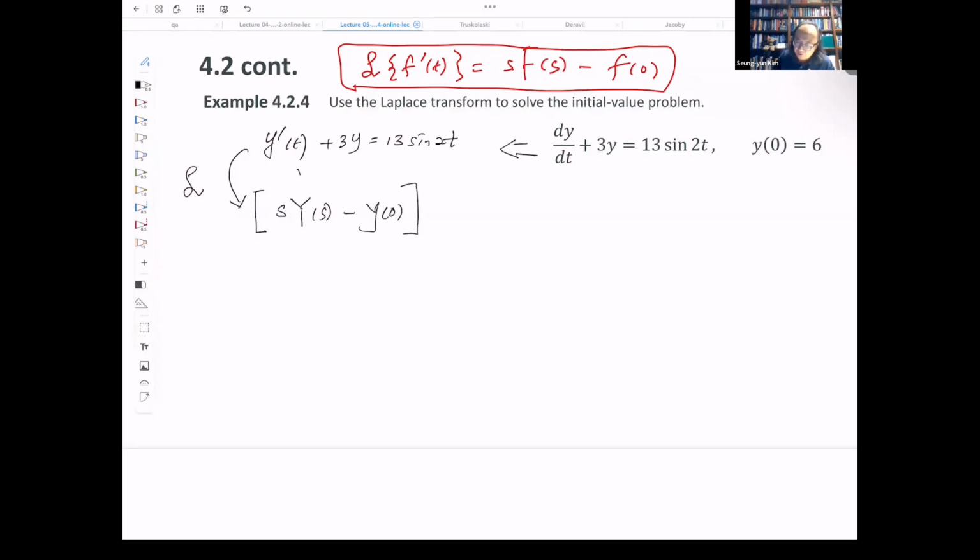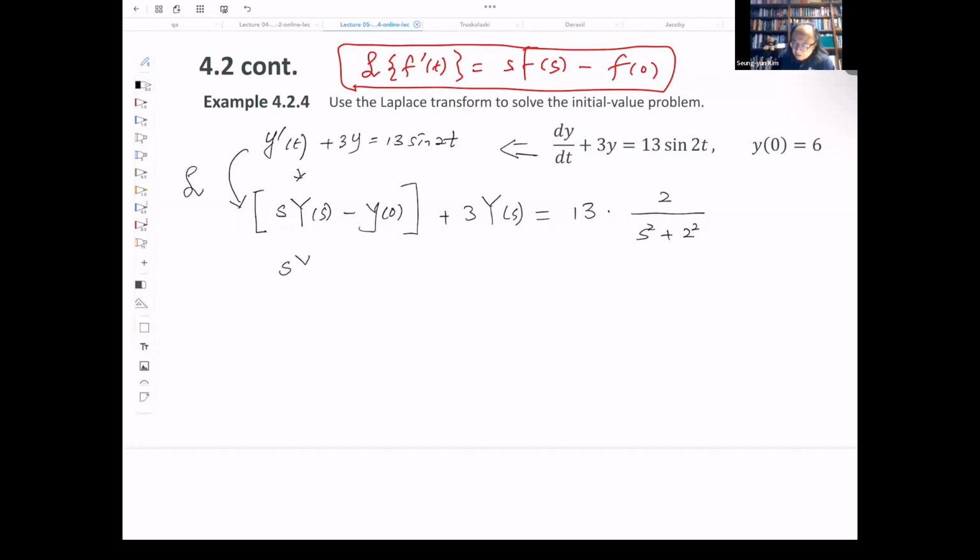That's the Laplace transform of this prime, plus 3 capital Y of s equals 13 times sine 2t, with denominator s squared plus 2 squared for both sine and cosine. Cosine's numerator is s, sine's is just this k.